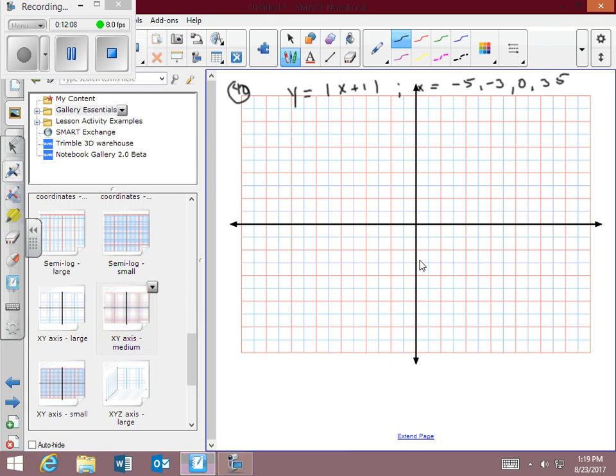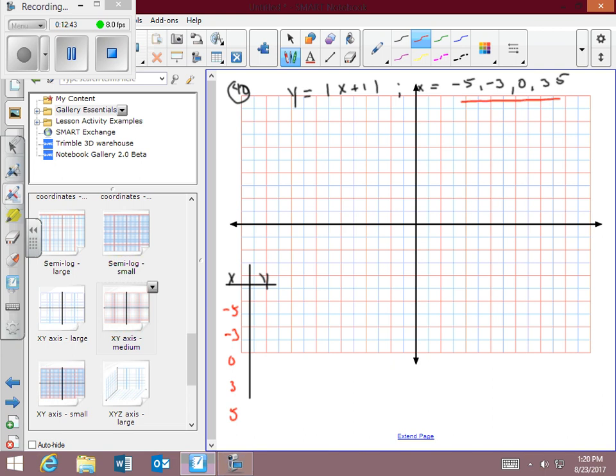So once again, this is my x values, these are my y values, and then my x's are going to be the ones that are given to me right here, minus 5, minus 3, 0, 3, and 5. Because I'm trying to figure out my ordered pair solutions.